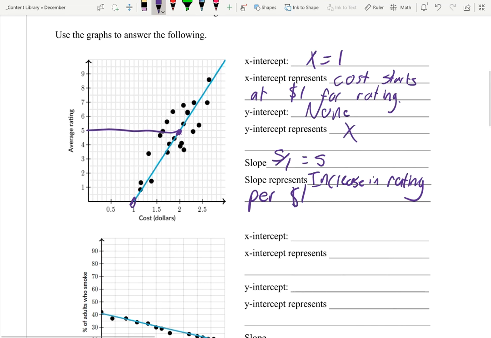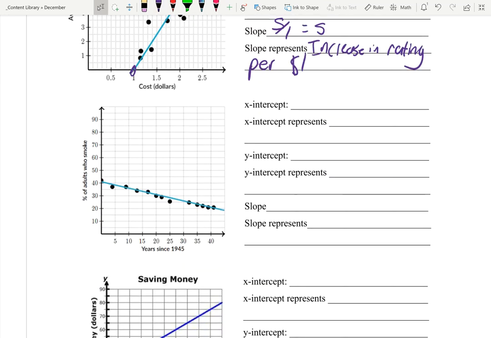All right. Now let's look at the second graph. We're talking about the percentage of adults who smoke and years since 1945. It's important to reference the years since 1945. 5 years after 1945 really makes this year 1950. 10 years after 1945 makes it 1955. 15 years after 1945 means that's 1960.